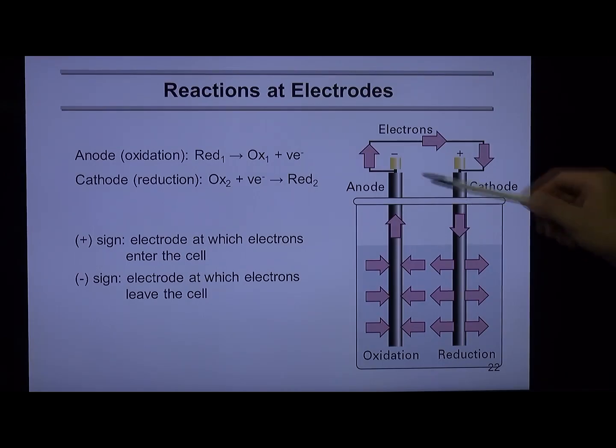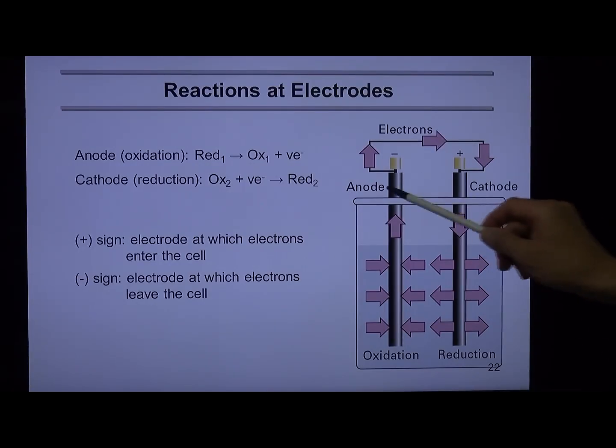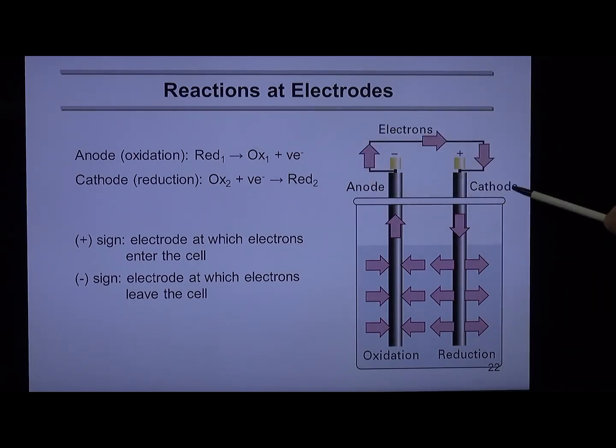And at the cathode, at which reduction occurs, some ions in the electrolyte solution gain these electrons and are reduced, right? So anode is the oxidation electrode, cathode is the reduction electrode.